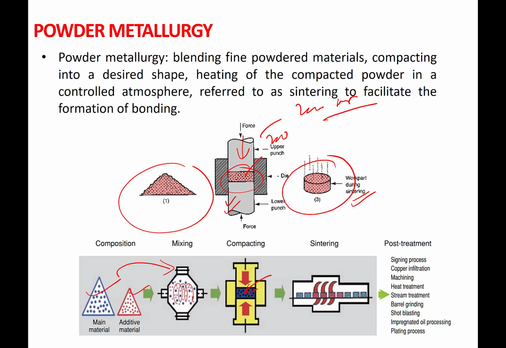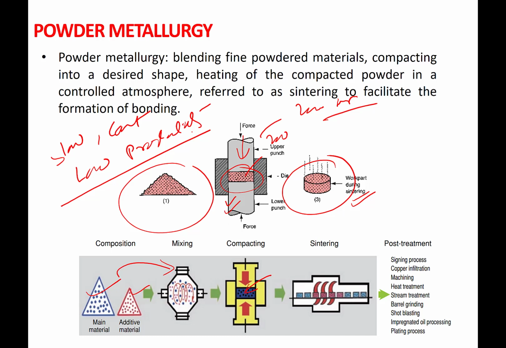This route is very slow, very costly, very low productivity. Okay, that's why this is not used commonly in place of, like say, forming, casting, welding. This is only used when the bulk material cannot be processed using the casting, welding, forming or machining route.